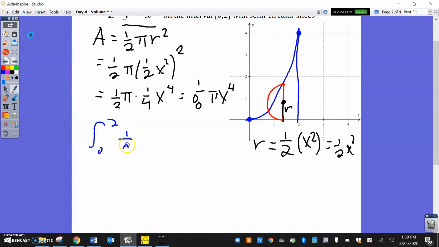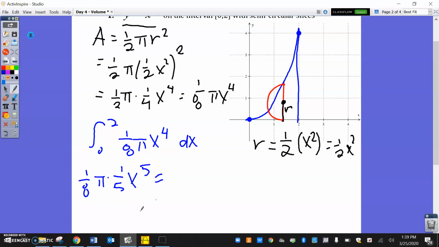My area was 1/8 pi x to the 4th, and then this dx just means I need to do the antiderivative. So now I'm going to do the antiderivative. The new exponent on x is going to be 5, so the coefficient is going to be 1/5, but then I have to multiply it by the 1/8 pi that's already there.